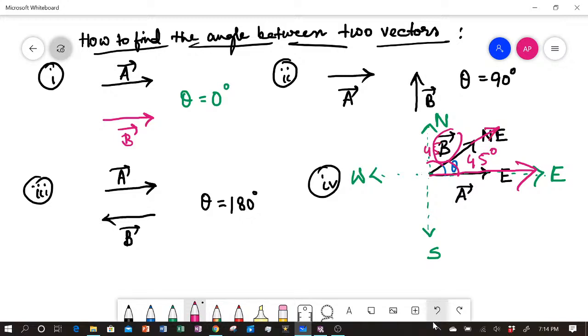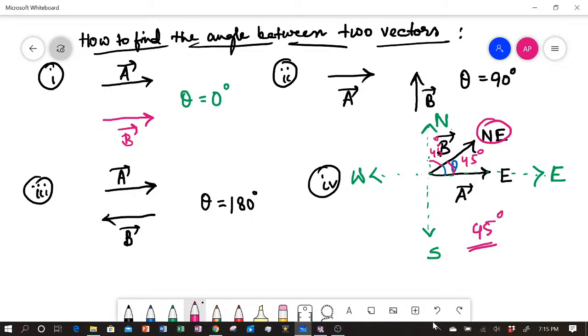Okay, if there is nothing else mentioned, then you have to assume that this northeast means that B vector is 45 degree from east and 45 degree from north. So the angle between A vector and B vector would be just 45 degree. This is the basic thing.